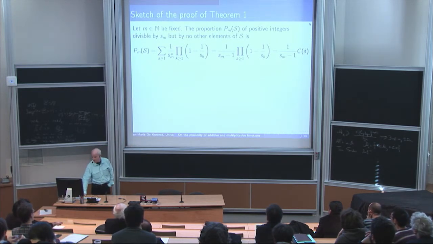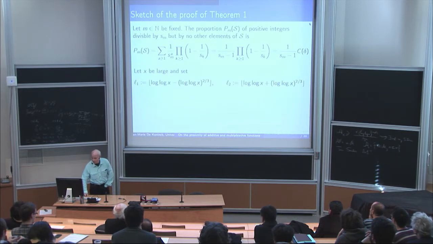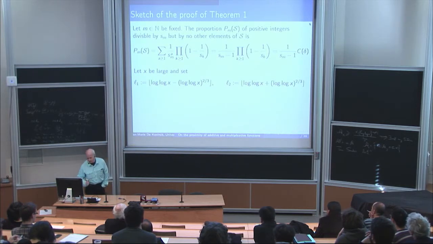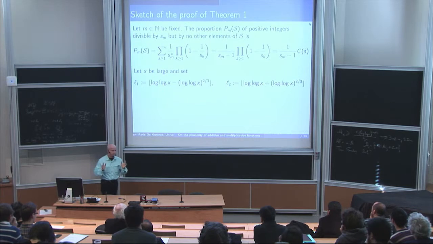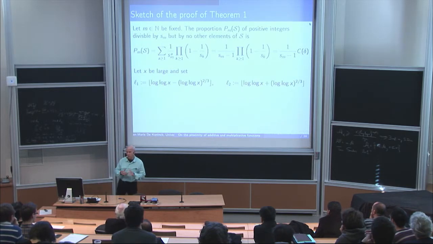which is the value of this infinite product, which converges, of course. Okay, now let's take x large, and we define L1 and L2 as log log x minus (log log x)^(2/3) and log log x plus (log log x)^(2/3). I will be working with the interval [L1, L2].